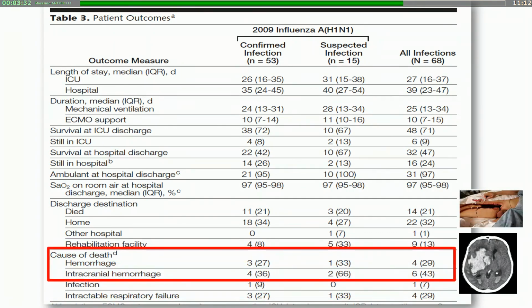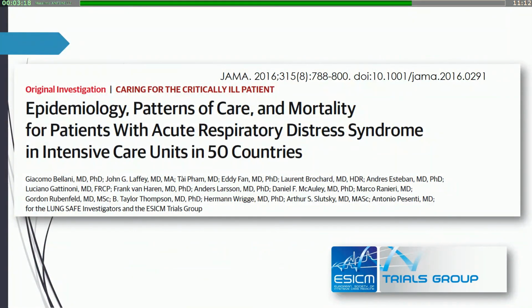But one thing that should always be kept in consideration is that this is not a trivial technique and often has important complications, such as hemorrhage and intracranial hemorrhage, something that should always be kept in mind.